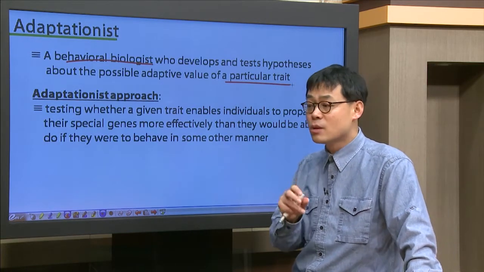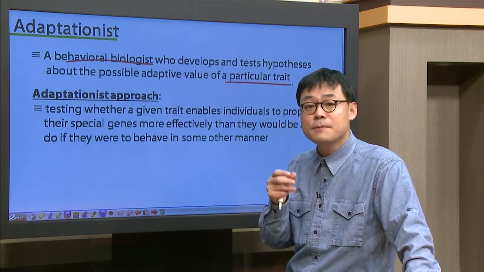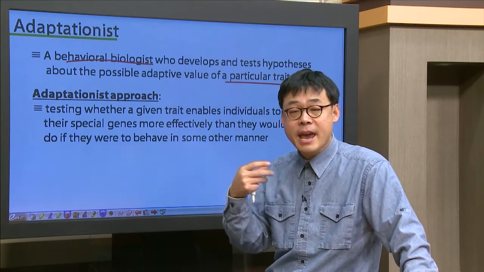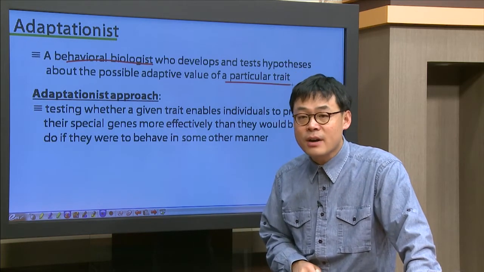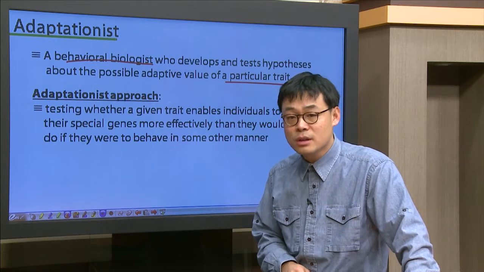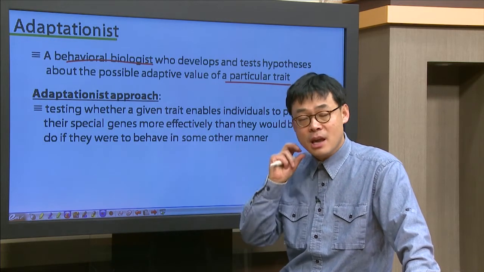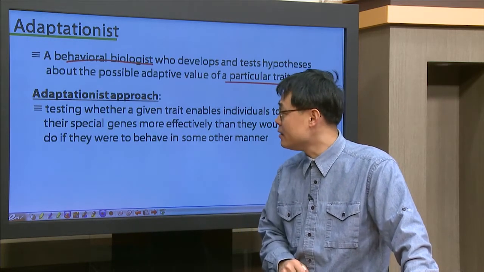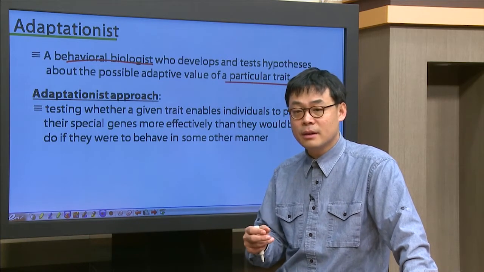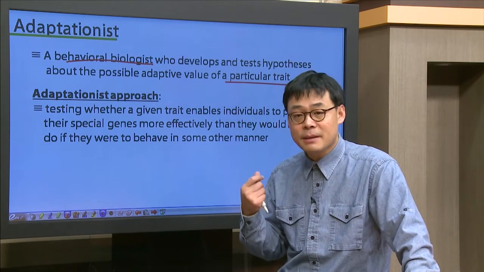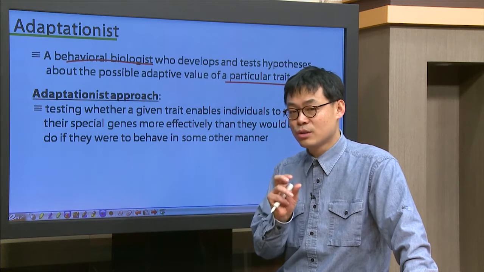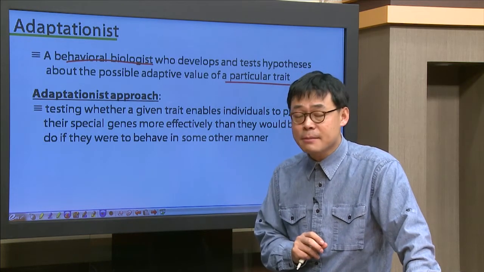You should ask whether this trait makes the animal better able to survive and reproduce. If it does, then the behavior has an adaptive value, and that behavior is an adaptation. That's what you should look at when you study animal behavior.